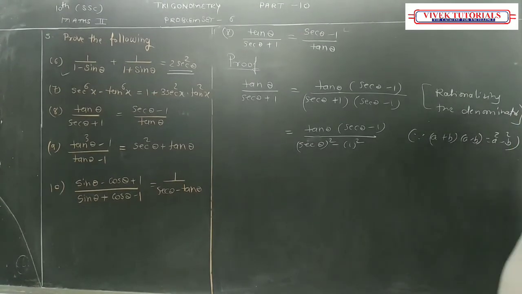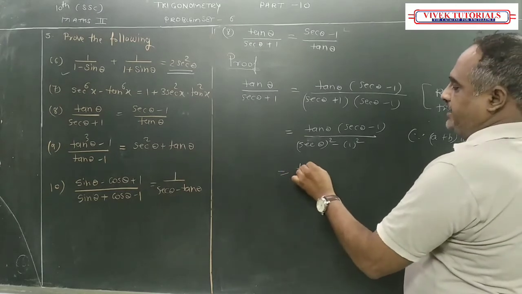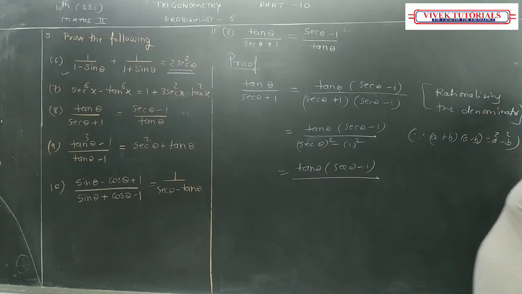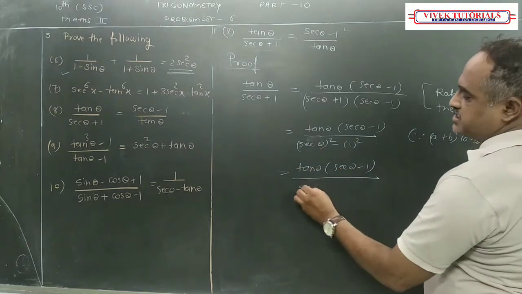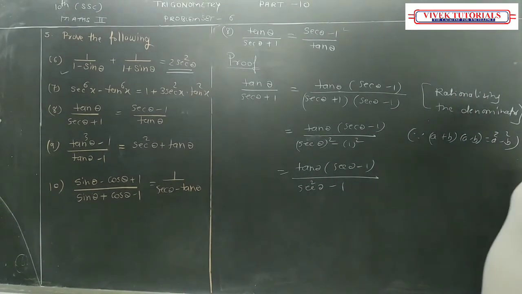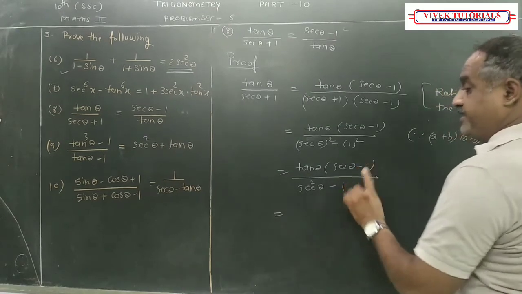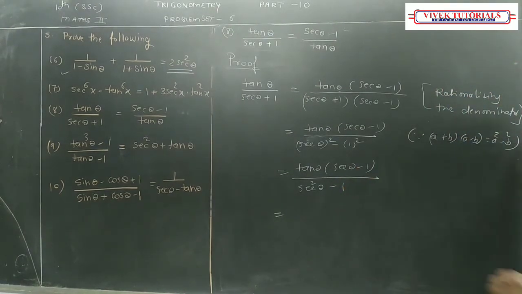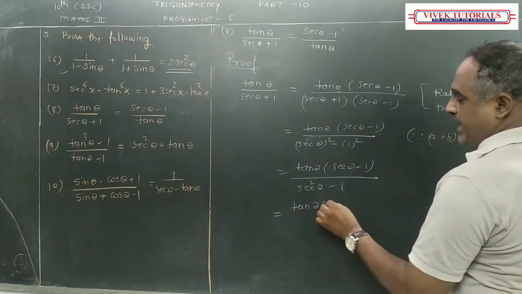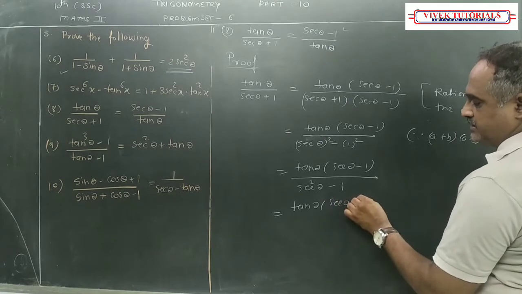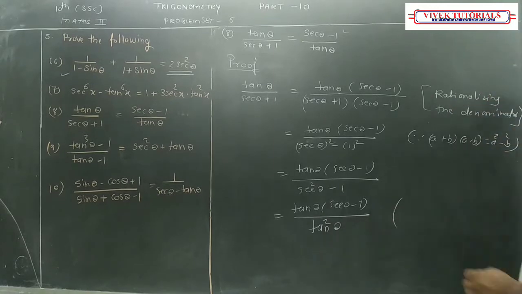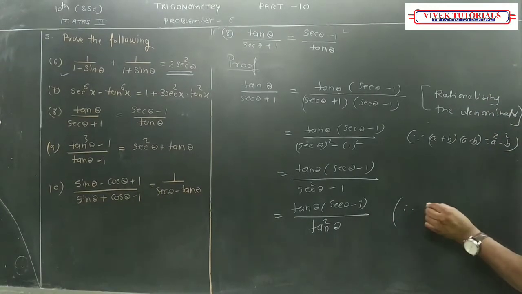That is again tan theta into sec theta minus 1, and instead of this we can write sec square theta minus 1 square, and 1 square is 1 only. But sec square theta minus 1, we know, is nothing but tan square theta. So tan theta into sec theta minus 1 upon tan square theta.